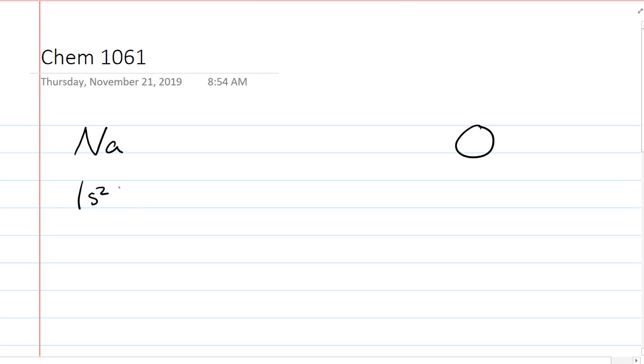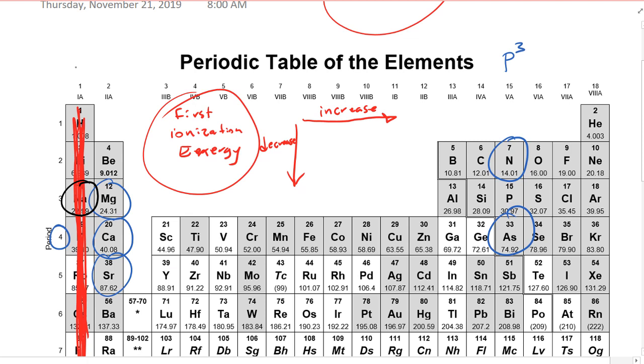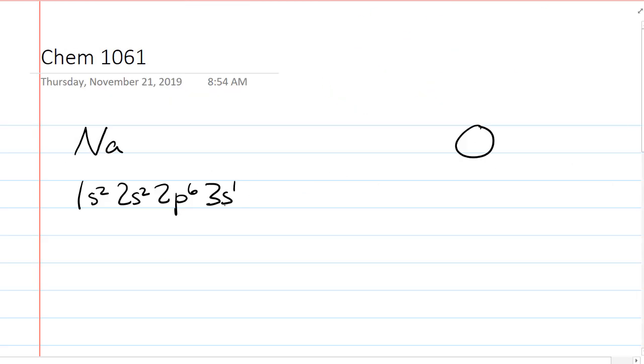After the 1s subshell is filled, we go on to 2s. After 2s is 2p, which holds up to 6. And after 2p, we go on to 3s. Just as we would have predicted before, everything in this group is going to end with an s1 configuration. Sodium is in the third period, so its configuration should end with 3s1.